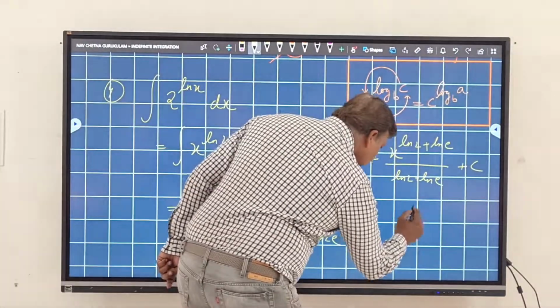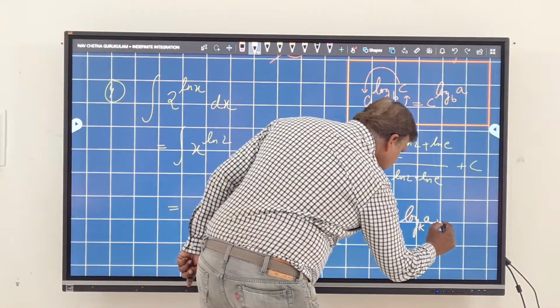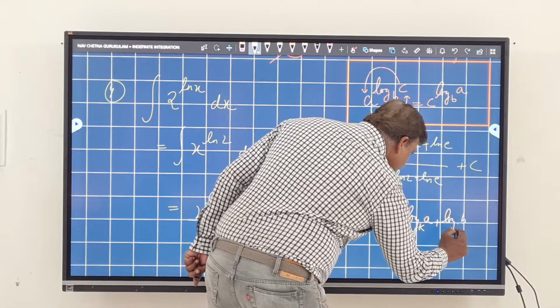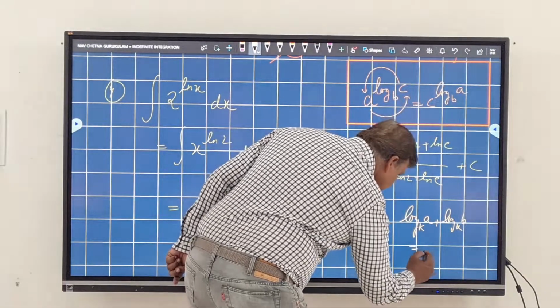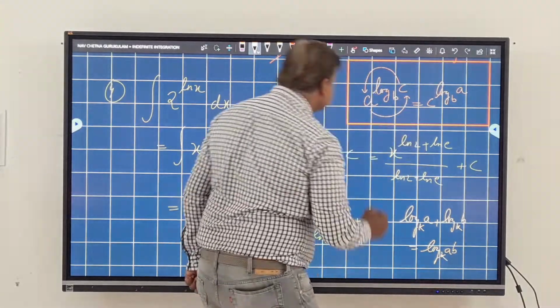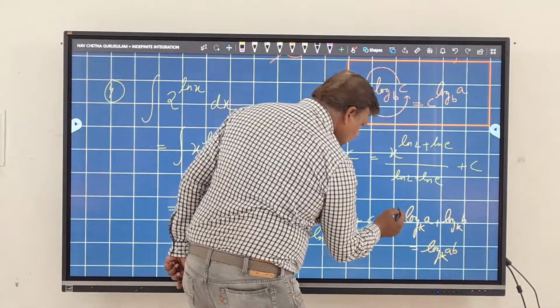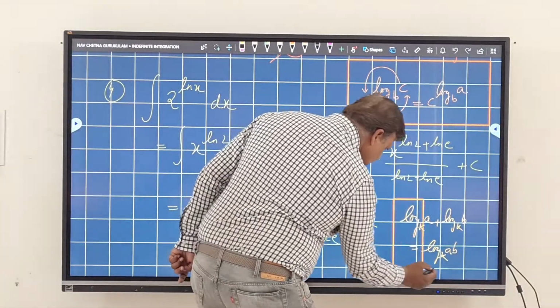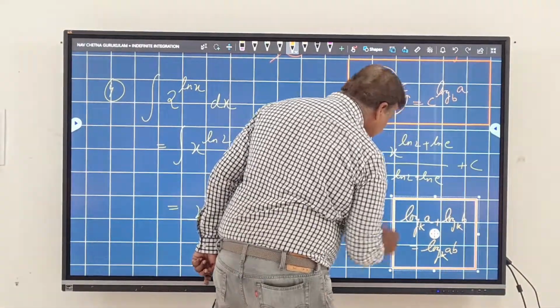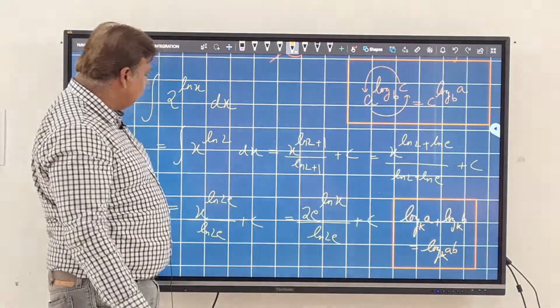So you have log of a to the base k plus log of b to the base k is equal to log ab to the base k. This is the formula. I hope I made my point clear.